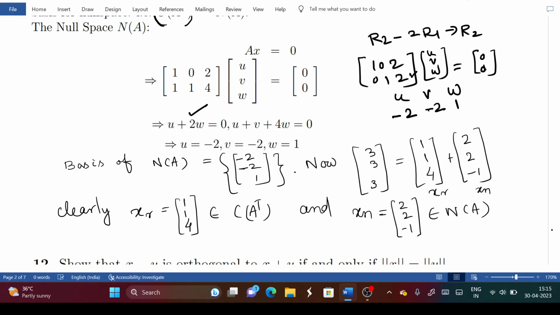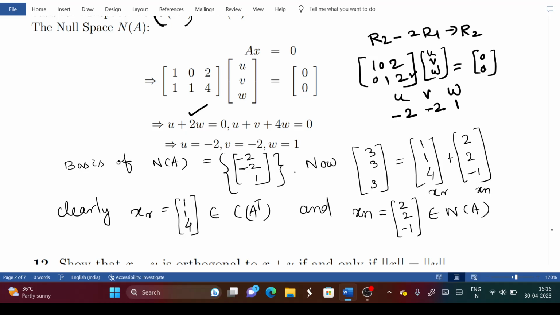Now, what people are doing in the part which I have cut from the video, from this PDF, is taking the vector 3, 3, 3 and subtracting the vector minus 2, 1, and the resultant 5, 5, 2 they are writing as a row space vector.